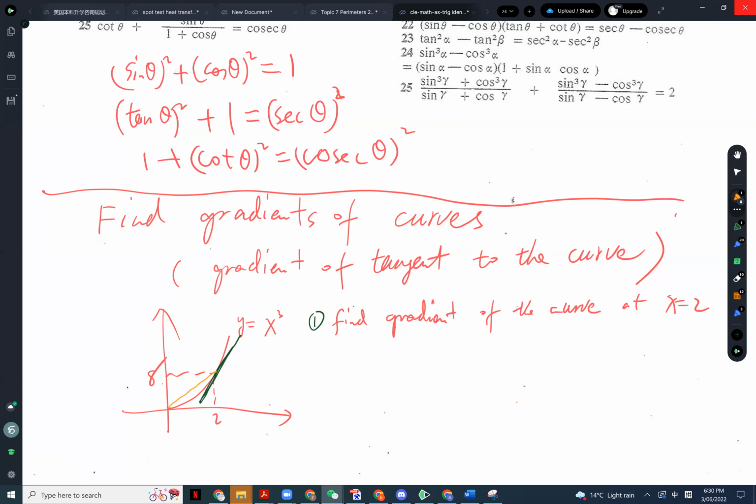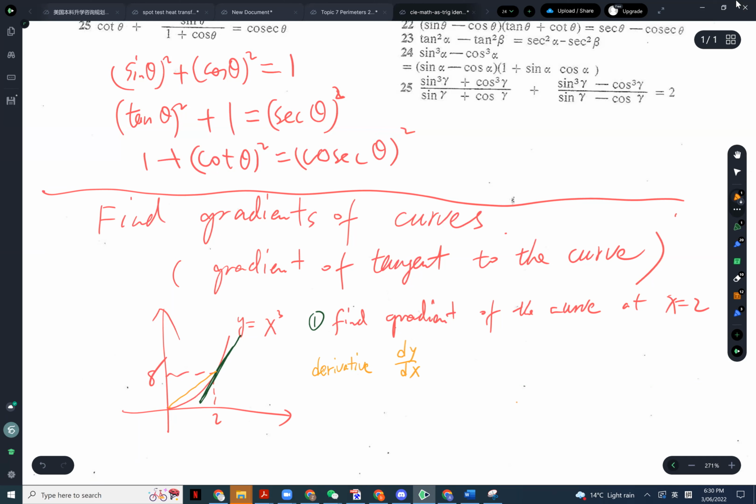Kenji correct. If you remember some knowledge from last year, this is called differentiation. To find the gradient, dy dx is called the derivative.